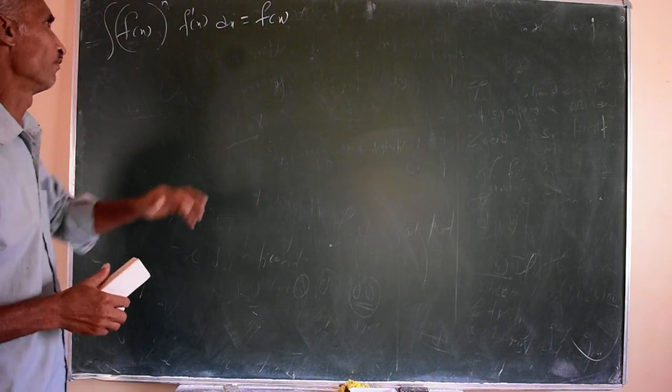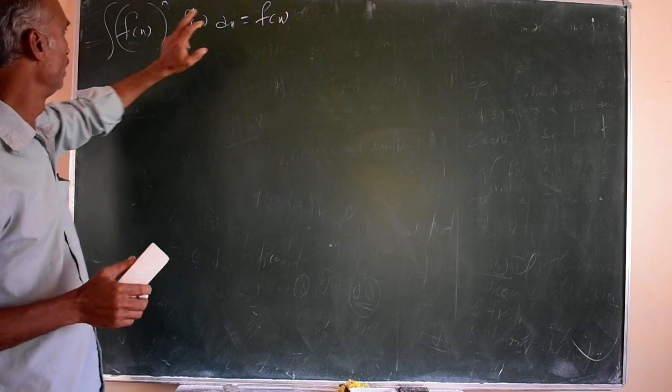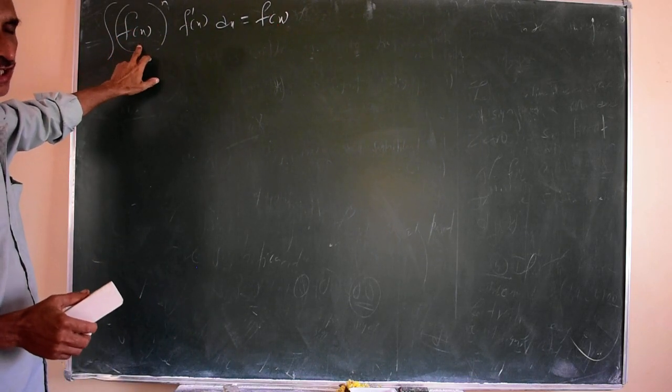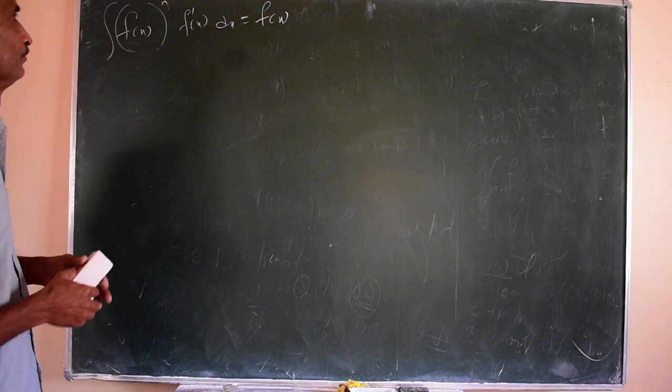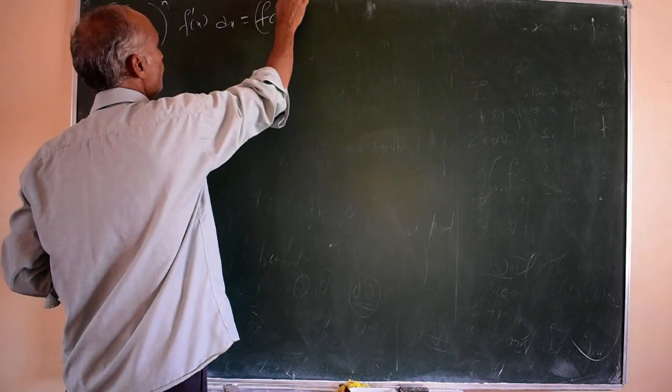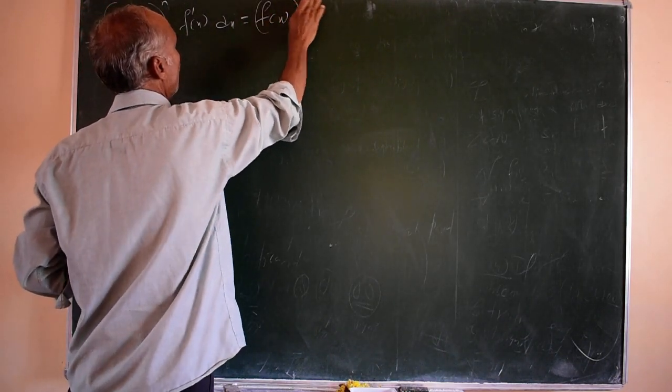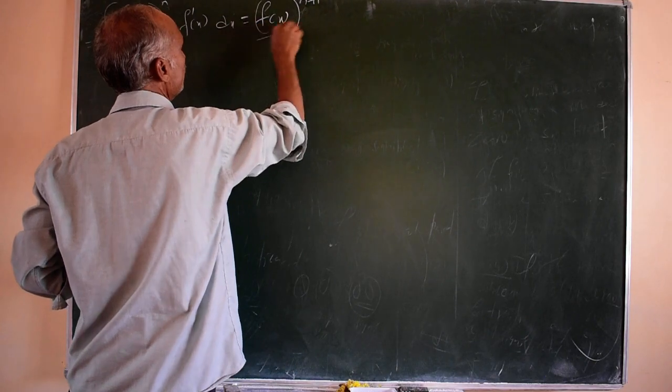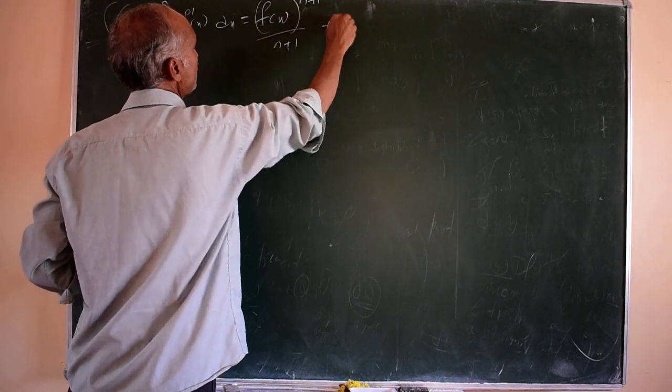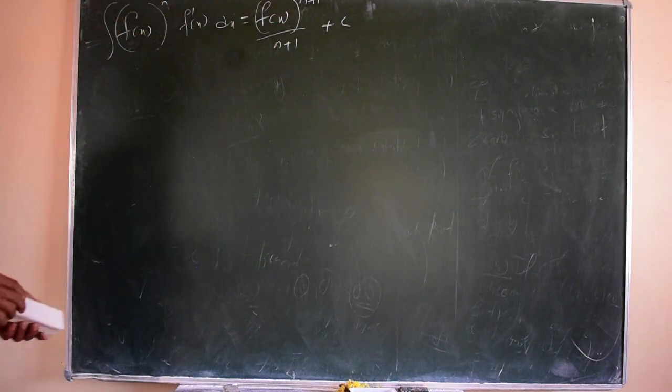The process of getting the integral for a given integrand is called integration. The answer is f of x whole raised to n plus 1 upon n plus 1 plus c.